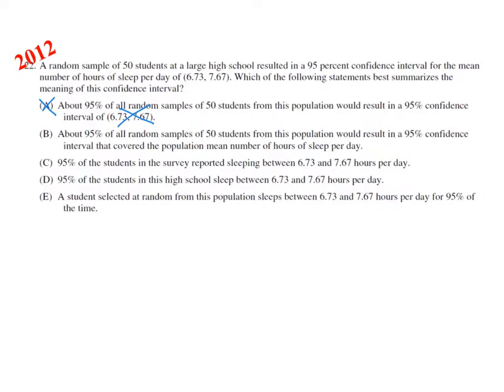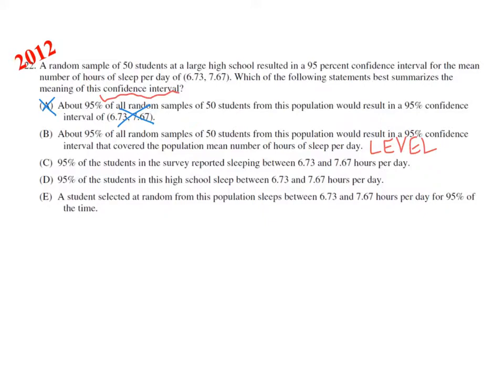That is true. That is the meaning of a confidence level. I'm going to keep moving because what really trips people up in this problem is it asks for interval, and B is the perfect definition of level. But let's keep going. Let's come back to B.